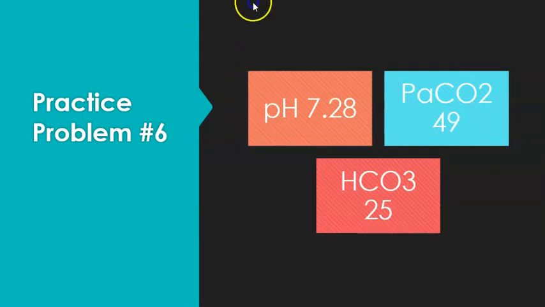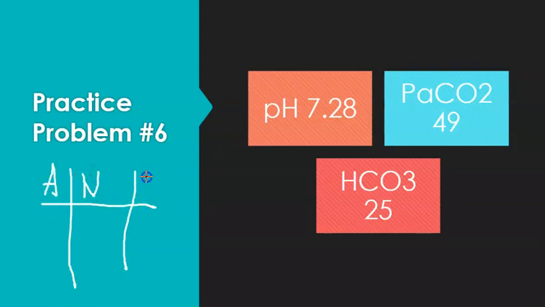Problem number 6, again, we're going to start with our grid. Acid, normal, and base. Our pH is 7.28, which puts it in the acid. Our PaCO2, or the respiratory component, is 49, which also puts that in the acid.